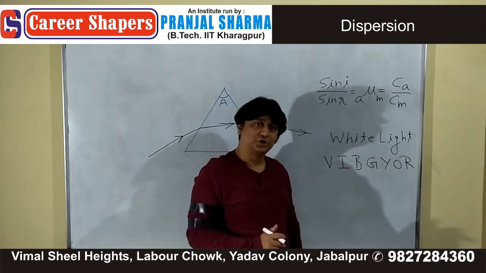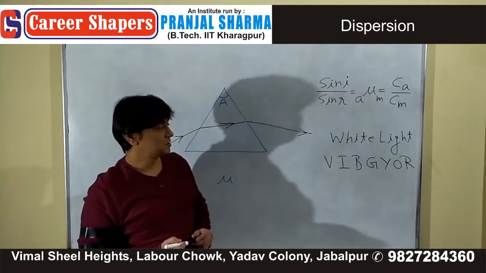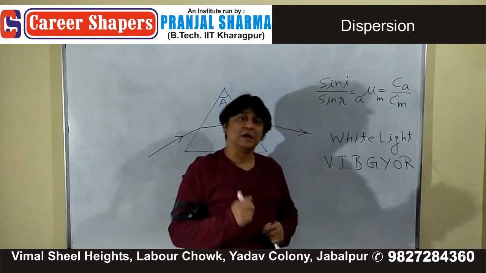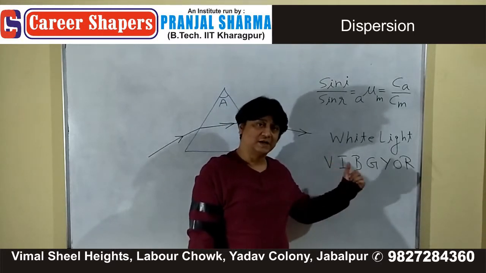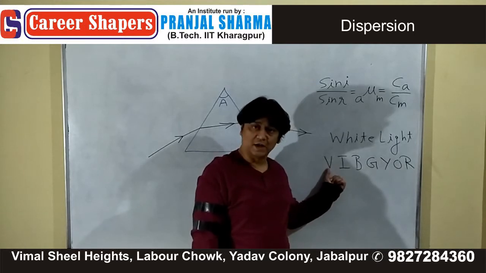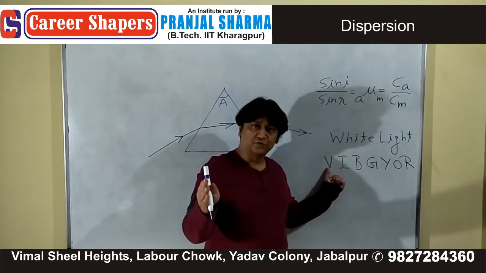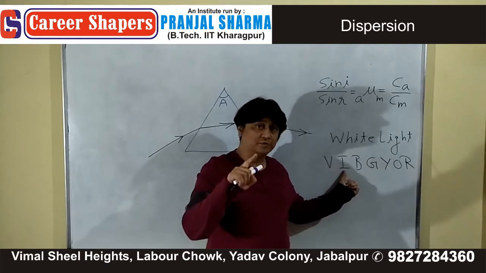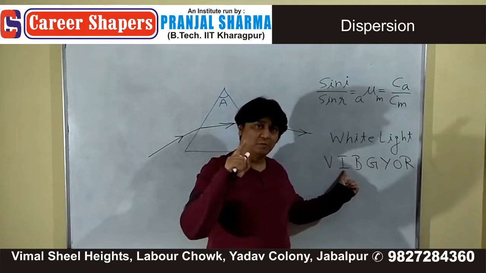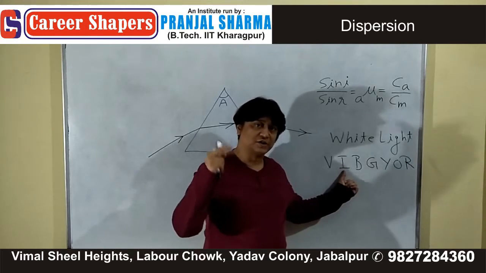Electric field oscillations and magnetic field oscillations. So when electric field oscillates with a particular frequency, let's say you define that violet color. You change the frequency, it becomes indigo. You are observing the same electric field, but oscillation is different.